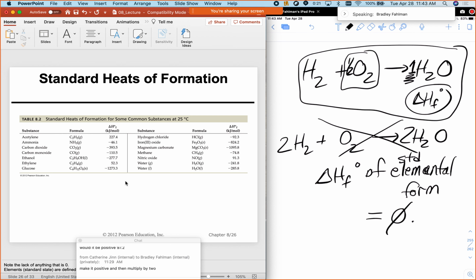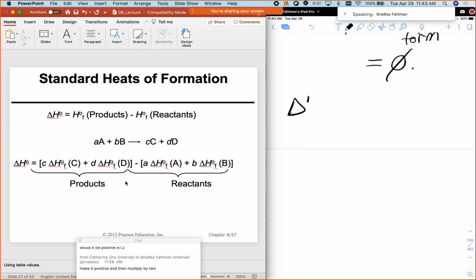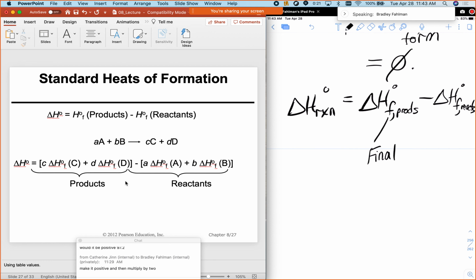What we're going to do with these is to get the delta H of an overall reaction: you're just going to add up all of the enthalpies of formation for the products and subtract all of the enthalpies for the reactants. In other words, final minus initial, because products are the final state and reactants are your initial state.